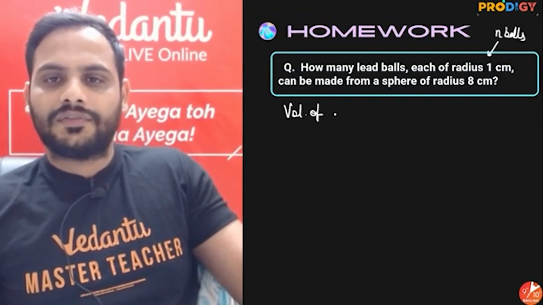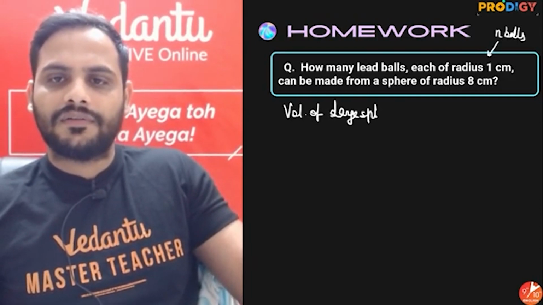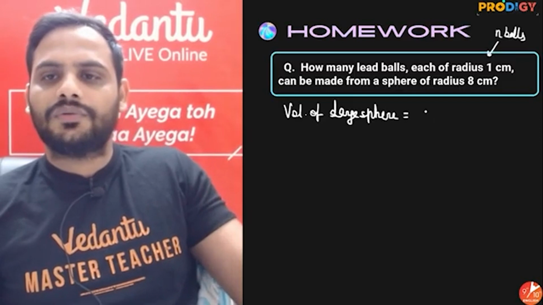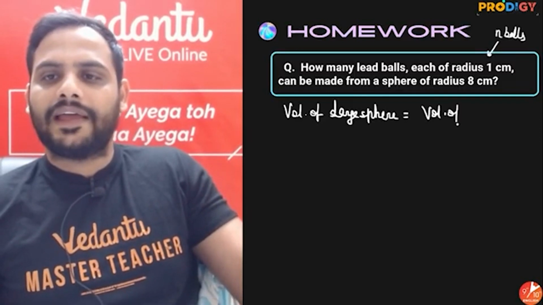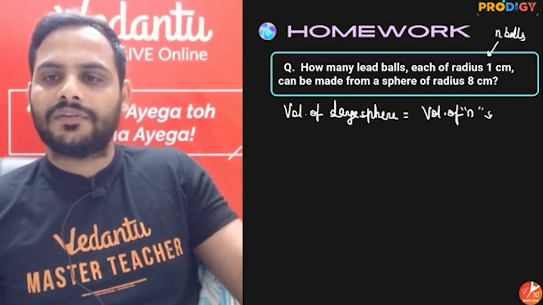In the previous class, this was your homework question. How many lead balls, each of radius 1 centimeter, can be made from a sphere of radius 8 centimeter? Let's say we can make n balls. Volume of the large sphere will be equal to volume of n small spheres.